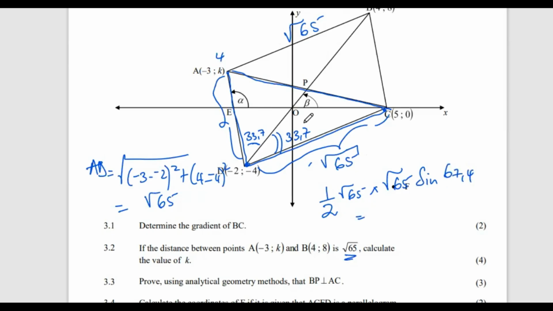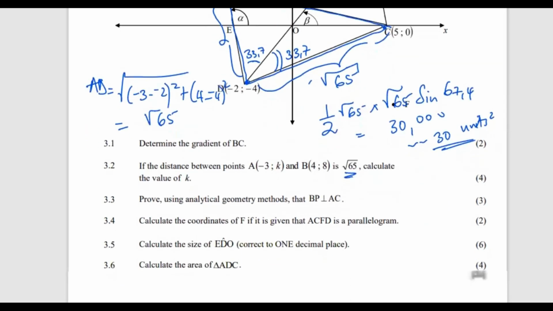So when I punch that into the calculator, I'm getting 30. So which means it's just 30 units squared. It's okay, guys. That will be the area that is needed.